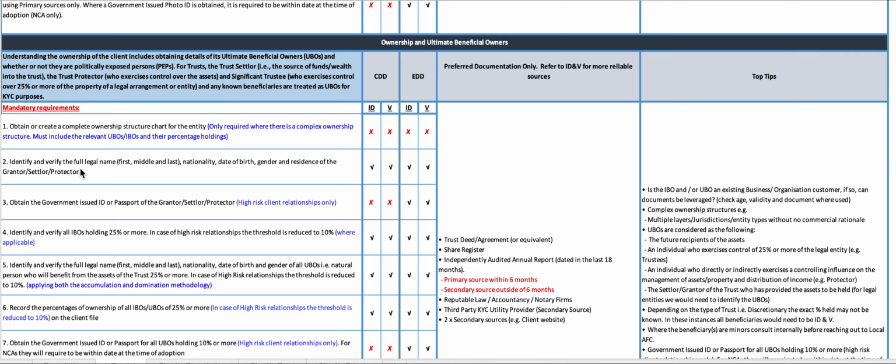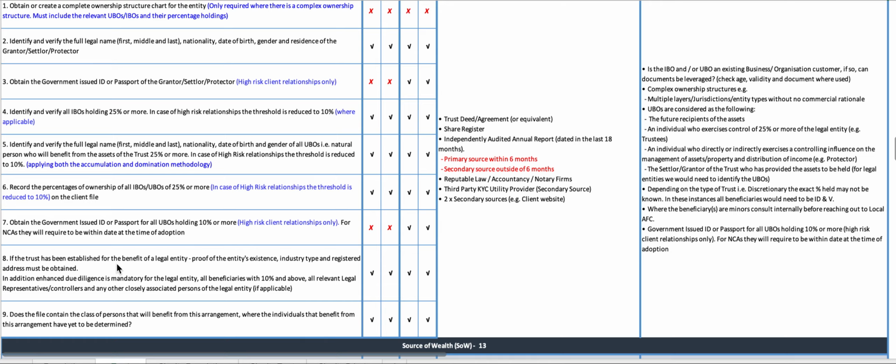And you need to verify all the UBOs, up to 25% for CDD and 10% for EDD. And you need to identify the UBOs as well for EDD and CDD. And ID is required for those UBOs if they're natural persons.